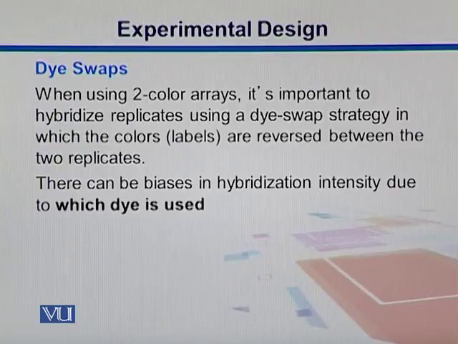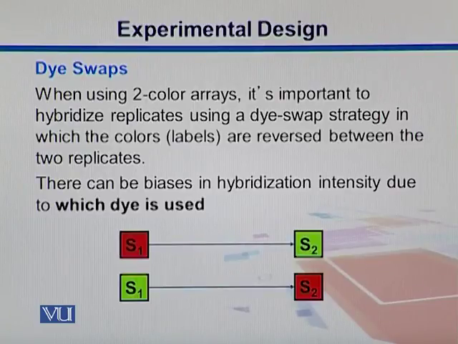We take sample 1 and label it with red, and sample 2 is labeled with green, but in a second round we switch these dyes. So sample 1 is green now and sample 2 is red now. This dye swapping helps us to reduce the bias in hybridization with these different colors.